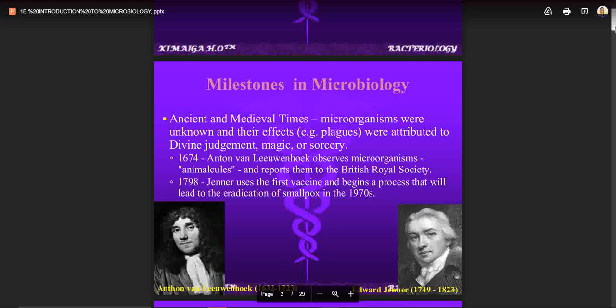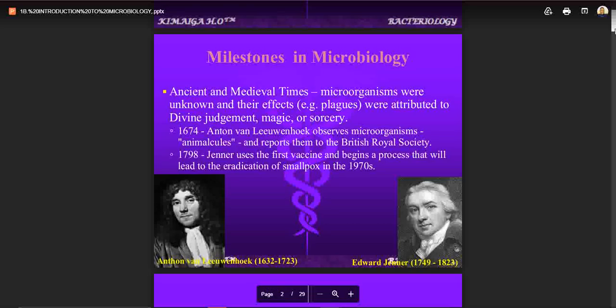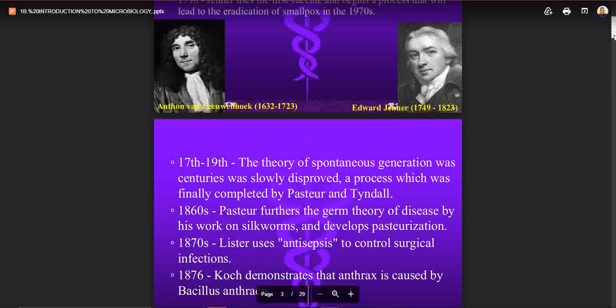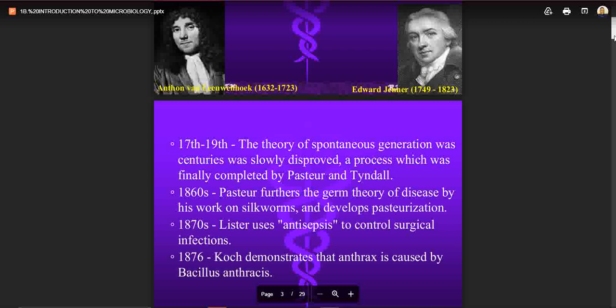Then later on in 1798, Jenner used the first vaccine and began a process that would lead to the eradication of smallpox in the 1970s, because smallpox already manifested during that time as an epidemic. From the 17th century to the 19th century, the theory of spontaneous generation was slowly disproved.